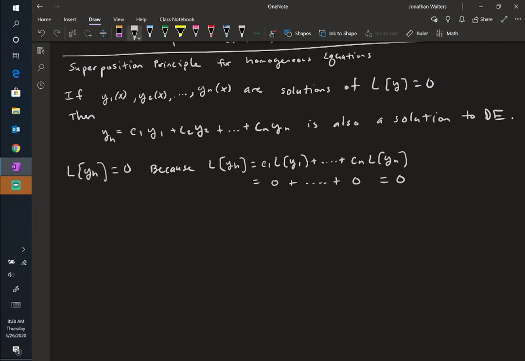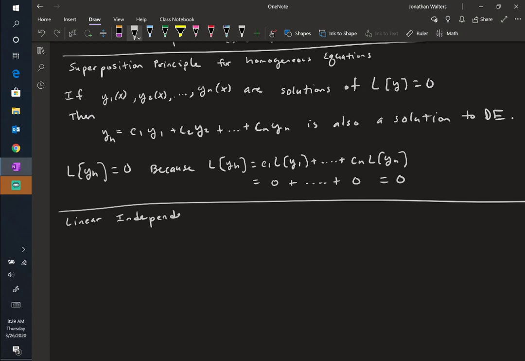The next thing is the linear independence and linear dependence of solutions. Okay, so first thing I want to do is define the Wronskian. It's a definition.